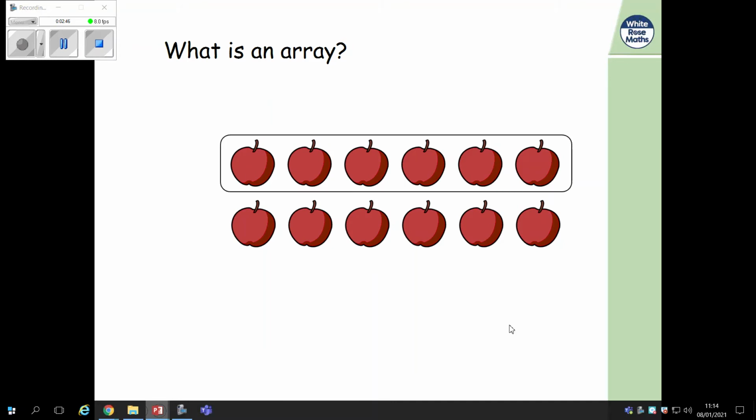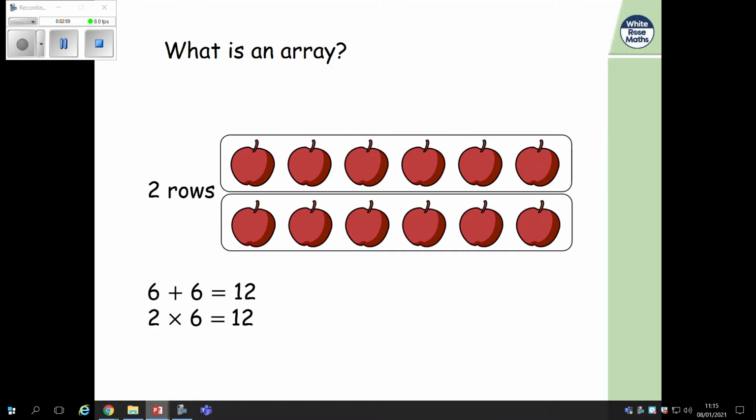So what is an array? So these are rows. So there's one row there of apples. There's 1, 2, 3, 4, 5, 6 apples. And of course, another row underneath, again, of 6 apples. So there's a repeated addition there. So 6 add 6, a number sentence equals 12.